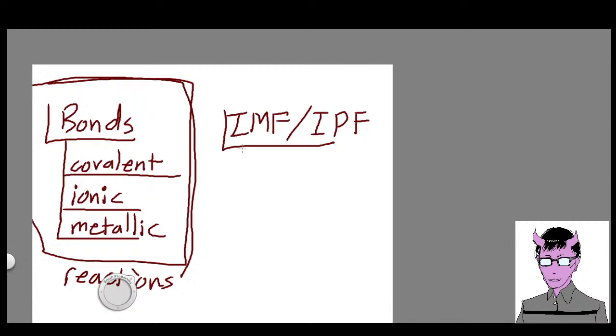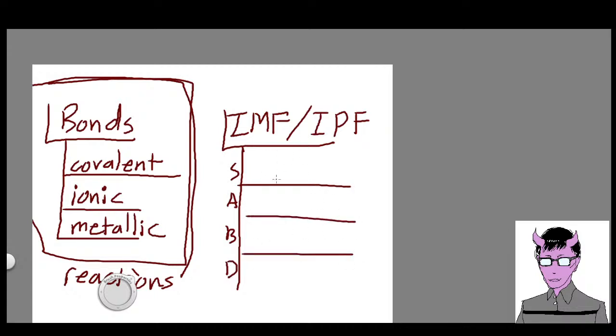And we also have a list of those. There's a tier list. For this one, we have the S rank, the A rank, the B rank, and then the D rank. In the S rank, we have ion-dipole intermolecular forces. And then in the A rank, we have dipole-dipole.